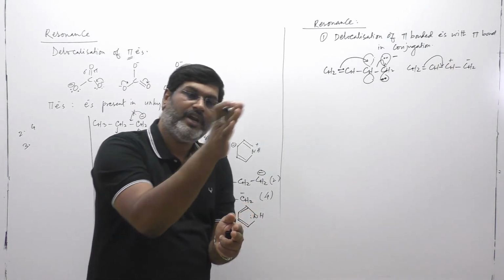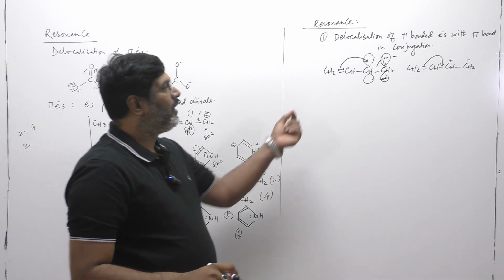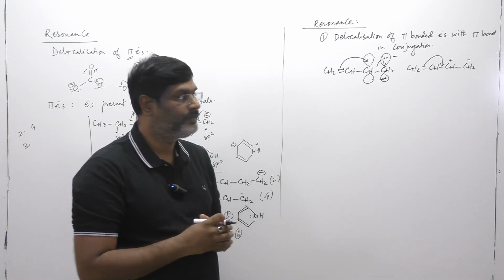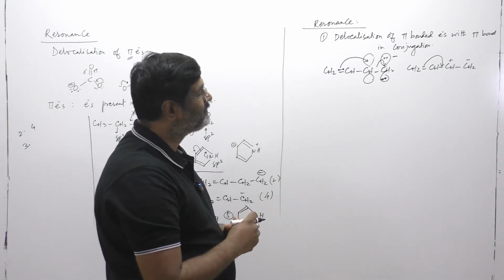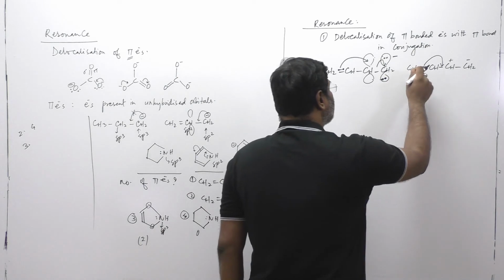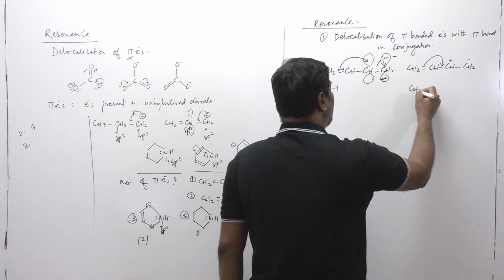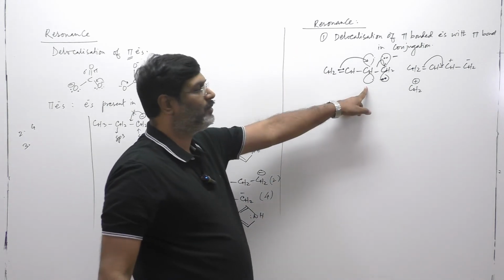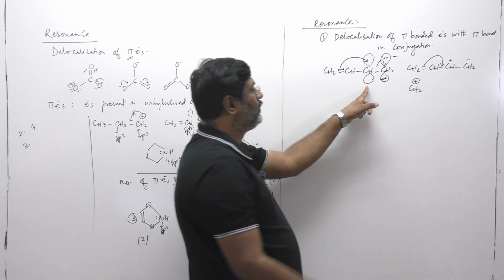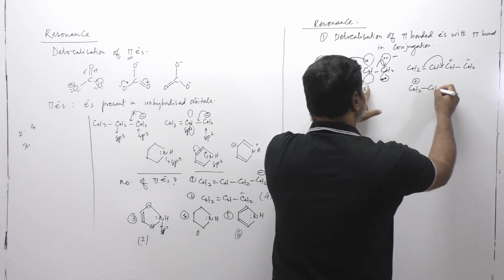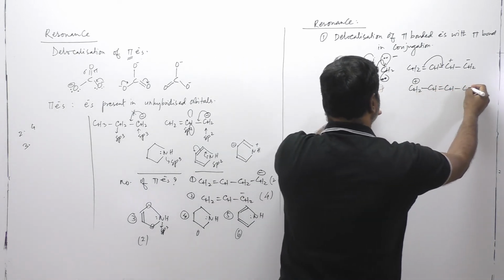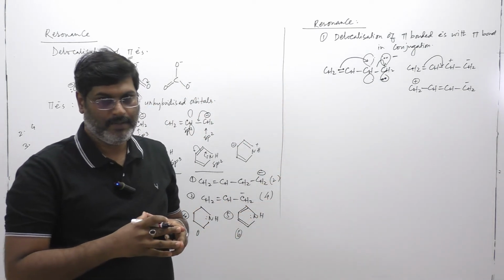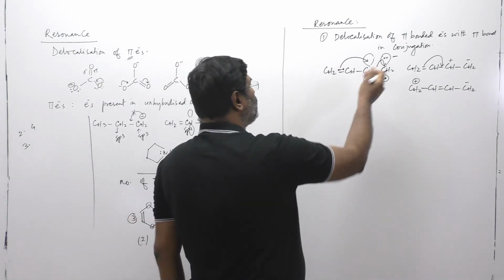It is spread in between these two, and for that this orbital is taken. Now this carbon is left with no electron, CH2 plus, because its orbital is vacant. This orbital will now be shared. So CH2, CH double bond CH, and CH2 minus. You understand how it forms, how electrons move.